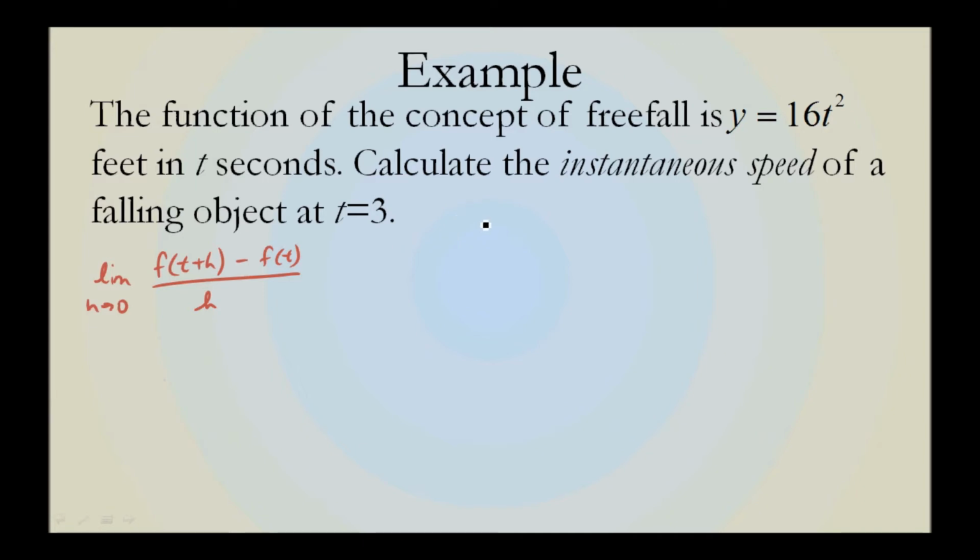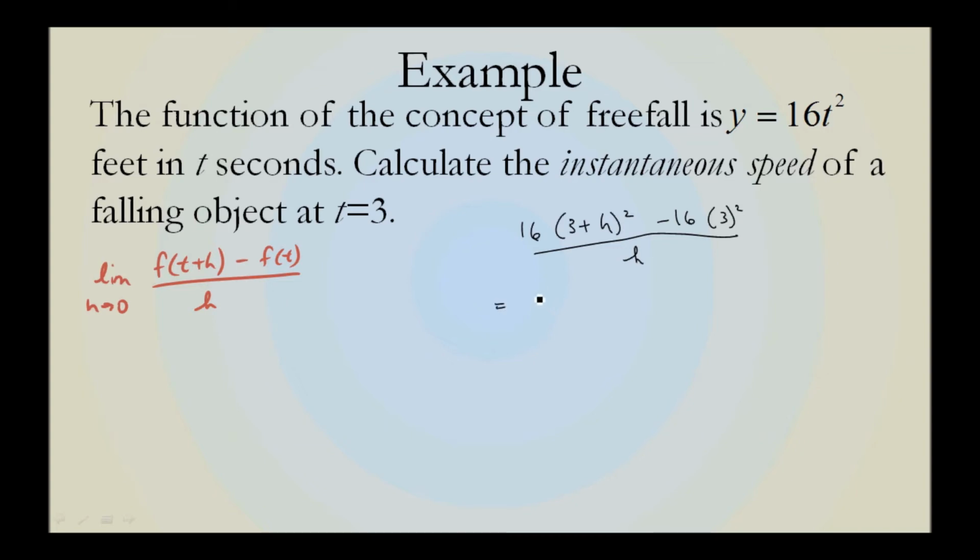So we'll plug in the numbers we have. So we have 16 times the quantity 3 plus h squared minus 16 times 3 squared, divided by h.